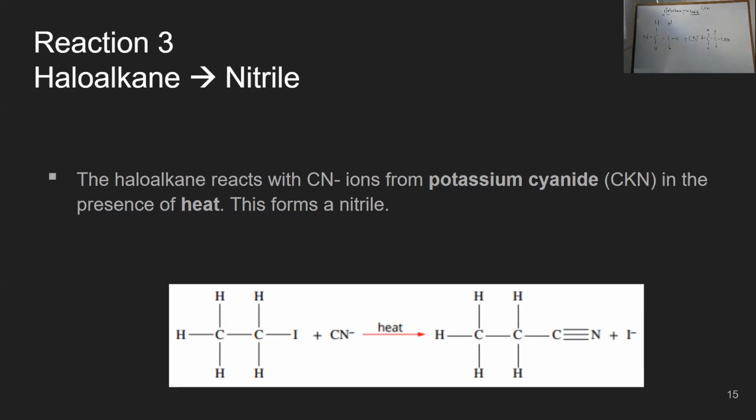So this forms a nitrile, because we have the carbon backbone, the C end has broken apart and reattached itself onto the backbone, and our iodine, which is on here, this is a haloalkane, is now the other product. So it's a substitution reaction where we substitute iodine for the nitrile group, which takes it from a haloalkane to the nitrile.